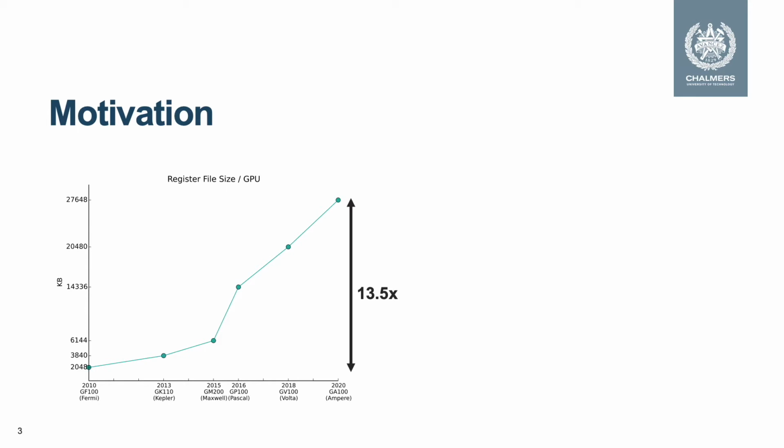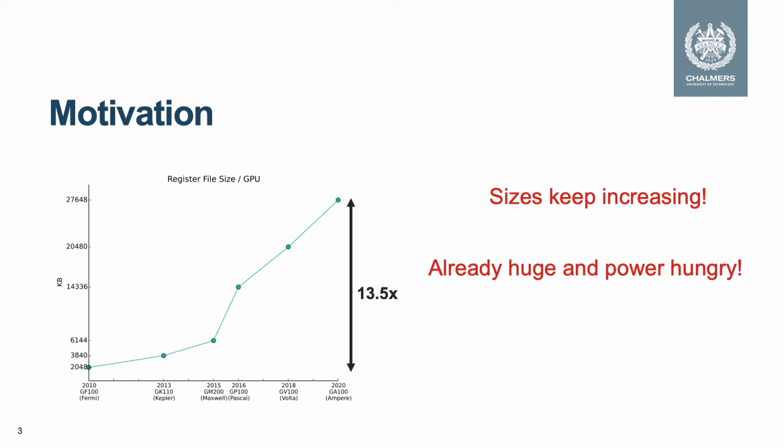So the trend says that sizes keep increasing. But this is a problem because register files are already huge and also power hungry. So a different approach to increase thread-level parallelism would be to better utilize the register resources by decreasing the footprint of each thread instead. That is the main objective of our register file.